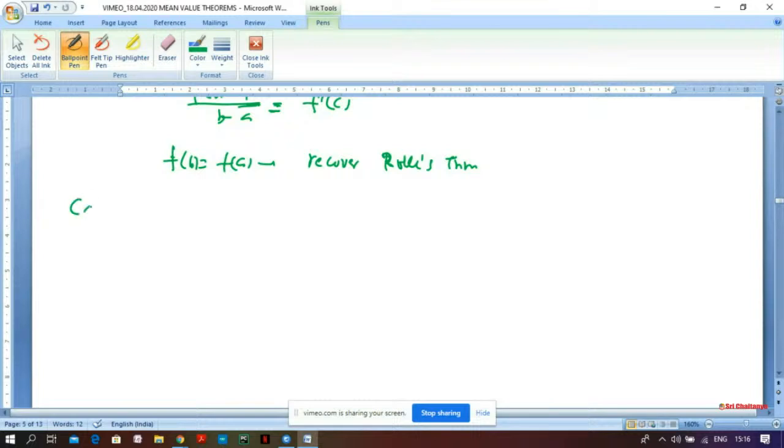And then the other is called Cauchy's mean value theorem, CMVT. It talks of two functions instead of one.